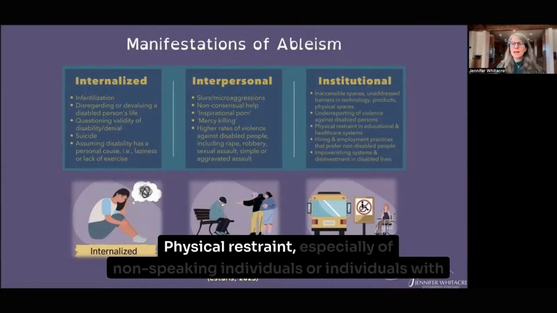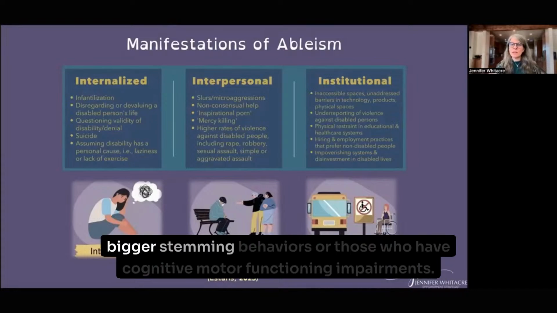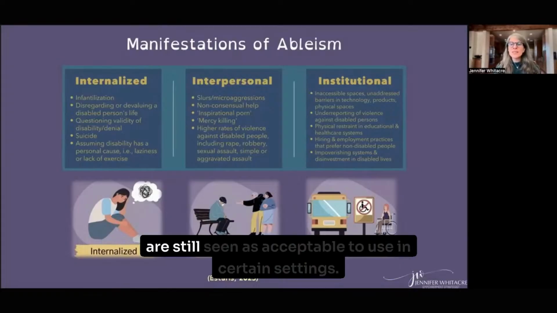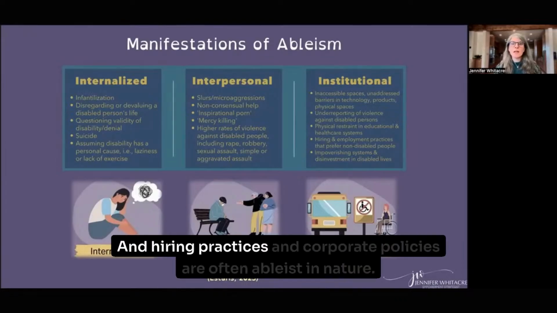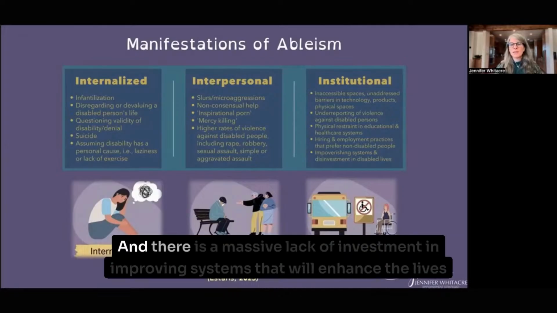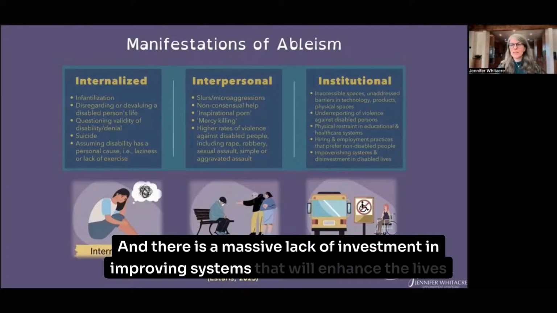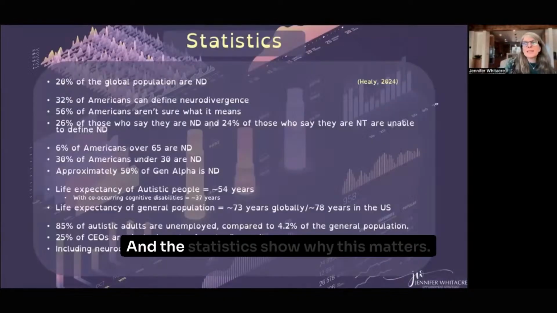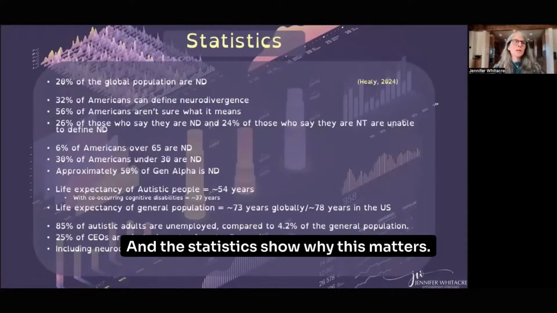Physical restraint, especially of non-speaking individuals or individuals with bigger stemming behaviors, or those who have cognitive motor functioning impairments, are still seen as acceptable to use in certain settings, and hiring practices and corporate policies are often ableist in nature, and there's a massive lack of investment in improving systems that will enhance the lives of disabled individuals. And the statistics show why this matters.